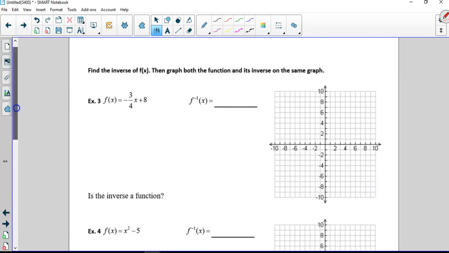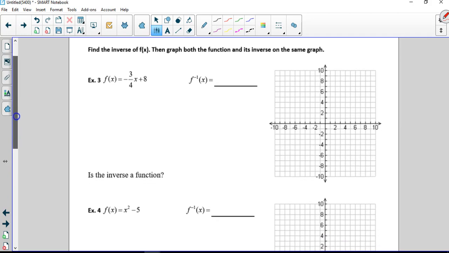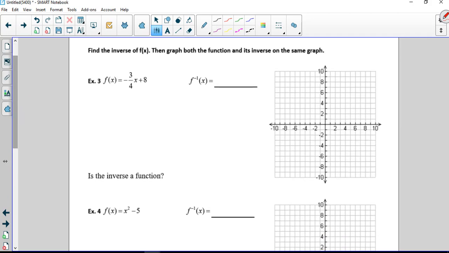So find the inverse of f(x), then graph both. First we write y equals negative 3/4 x plus 8. Now we switch them: x equals negative 3/4 y plus 8. I'm going to subtract 8 from both sides. I don't have a lot of room, so I'm not going to write out each step. x minus 8 equals negative 3/4 y.